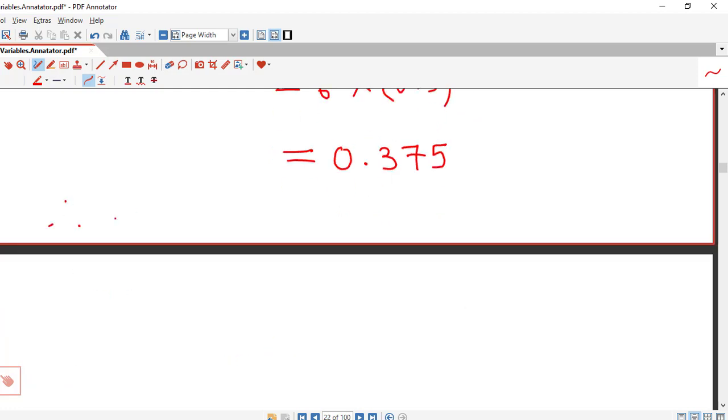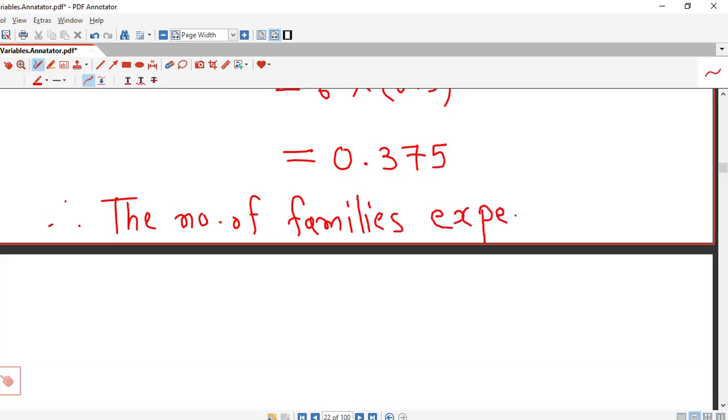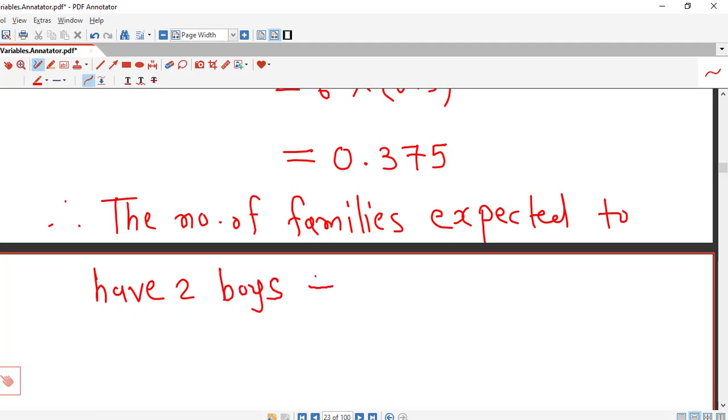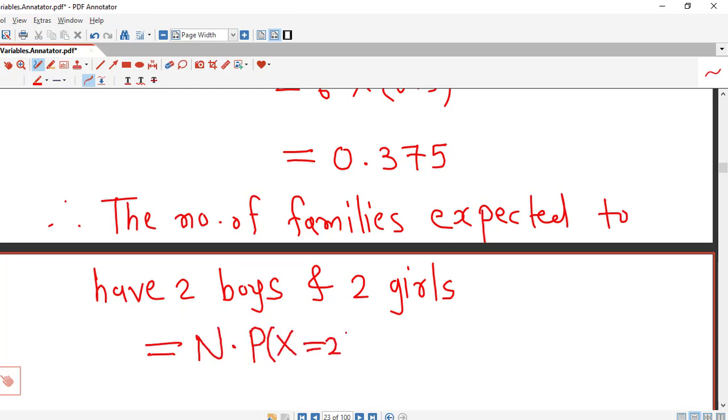So therefore the number of families expected to have 2 boys and 2 girls is equal to capital N times the probability that x equal to 2, which we have calculated.